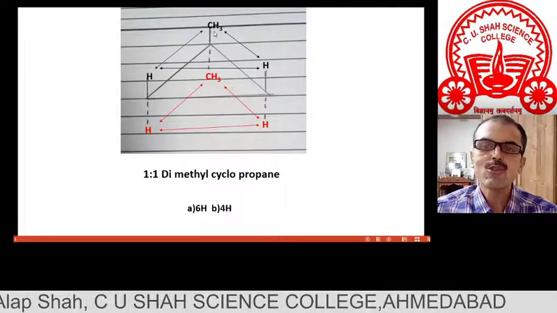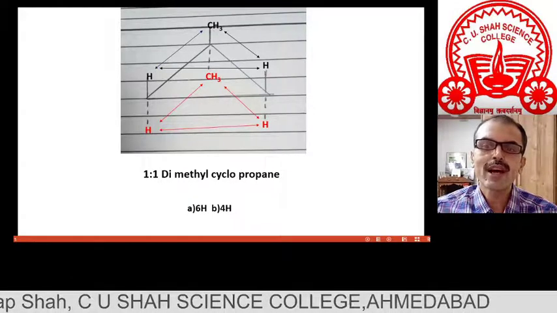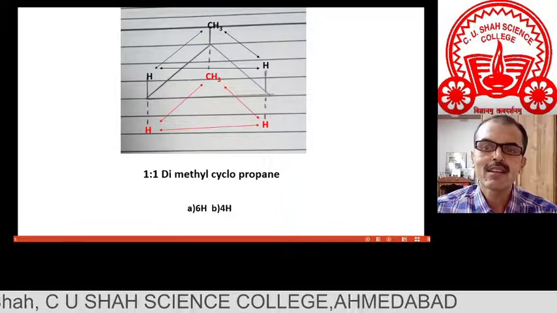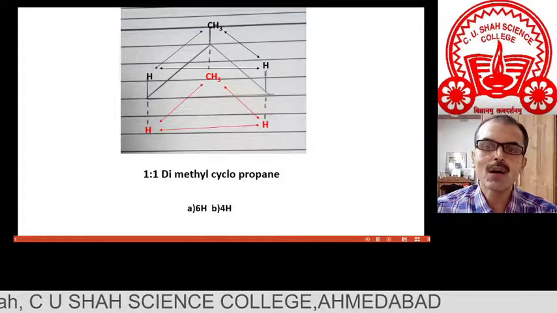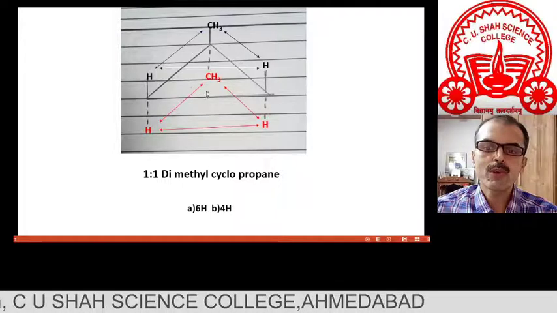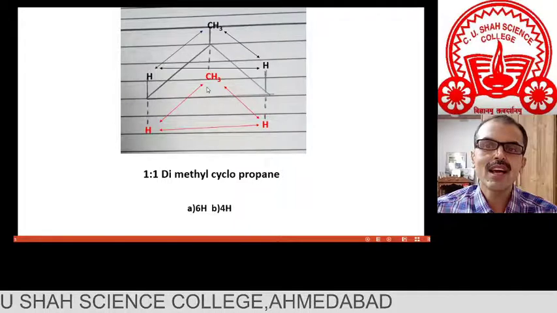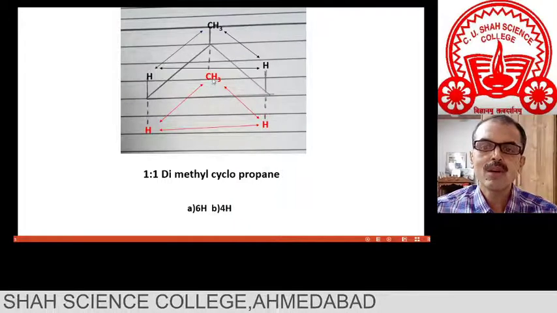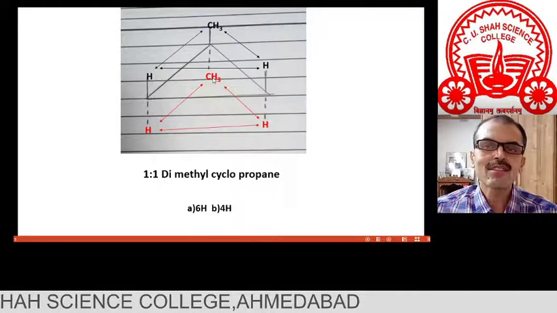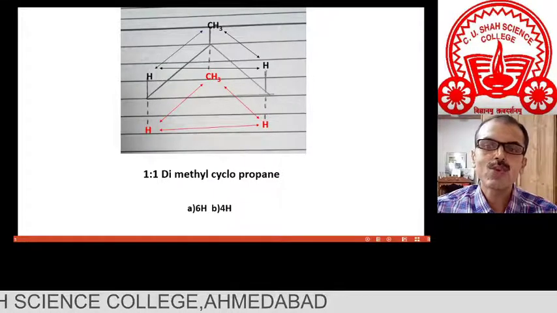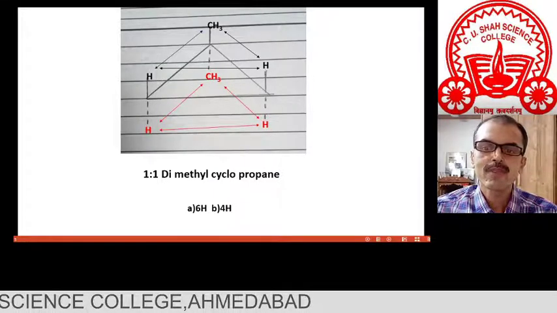Now you can see that the three groups, two hydrogen and a methyl, that I have written with the black color, lie in the plane above, and two protons and one methyl with the red color lie in the plane below. Now, like in all the cases where we are comparing the electronic environment, let's do it for the signal determination.